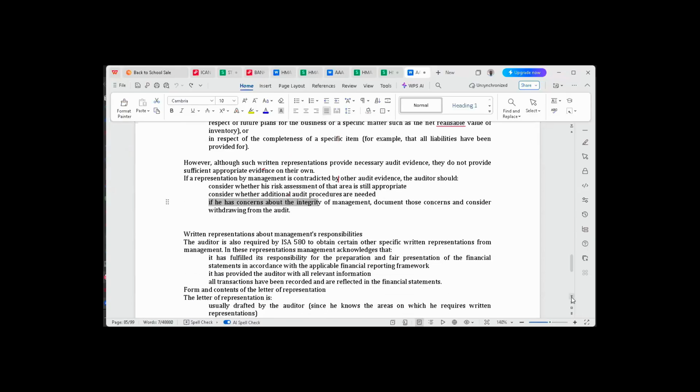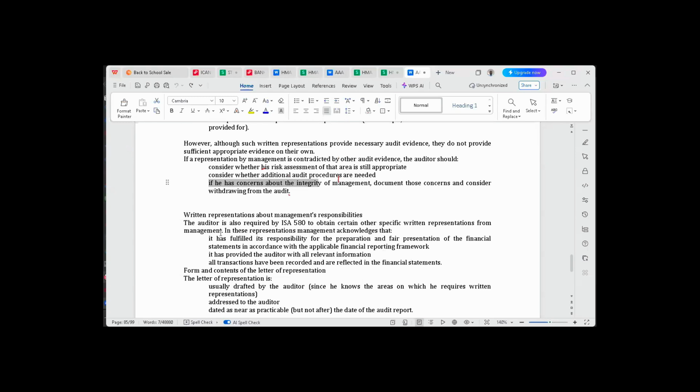Okay, now the auditor is also required by SA 580 to obtain certain other specific representations from management. In these representations, the management acknowledges that it has fulfilled its responsibility for the preparation and fair presentation of the financial statements in accordance with the financial reporting framework.